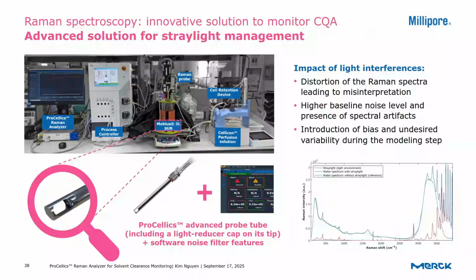Our company introduced a light reduction probe at the end of last year. With this probe, we don't have to wrap the reaction vessels with aluminum foil, which is an advantage to use with our single-use reactor. Stray light might simply appear as additional peaks throughout the process.